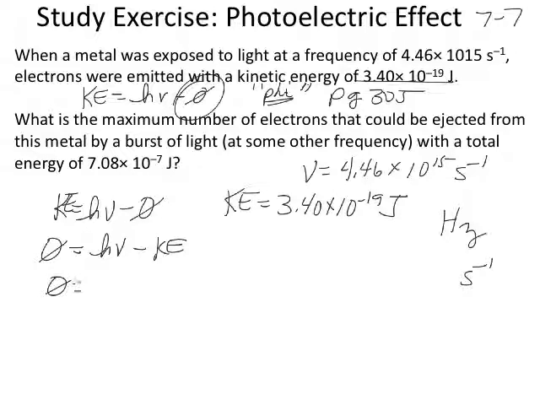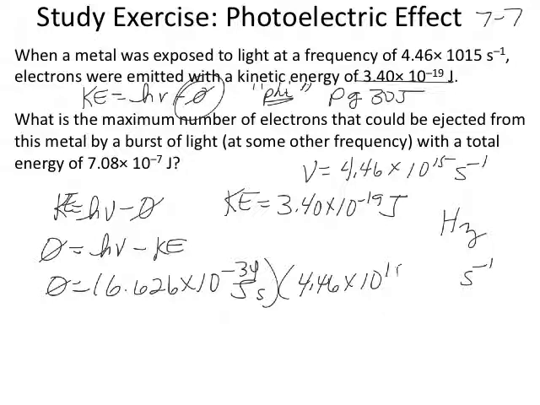And when you put these numbers in, you get your Planck's constant, 6.626 times 10 to the negative 34 joules times second, times your frequency, 4.46 times 10 to the 15th, s to the negative 1, minus your kinetic energy here, minus 3.40 times 10 to the negative 19 joules.